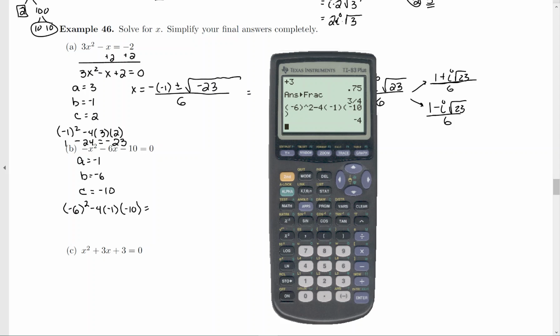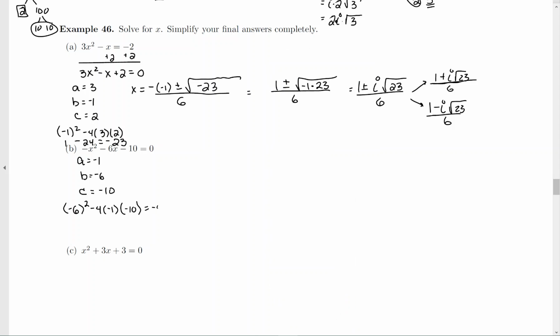All right, I come up with negative 4 for my discriminant. So it's x equals the opposite of negative 6, which is going to be a positive 6, plus or minus the square root of my discriminant, negative 4, over 2 times a, 2 times negative 1, or negative 2.